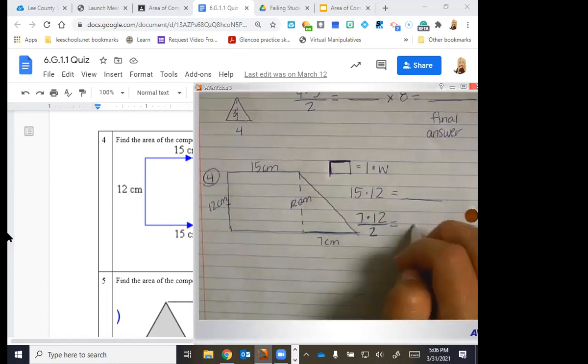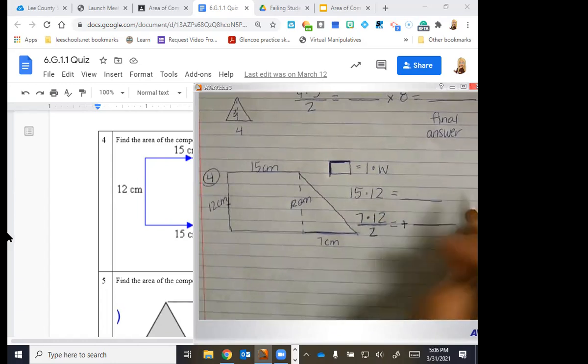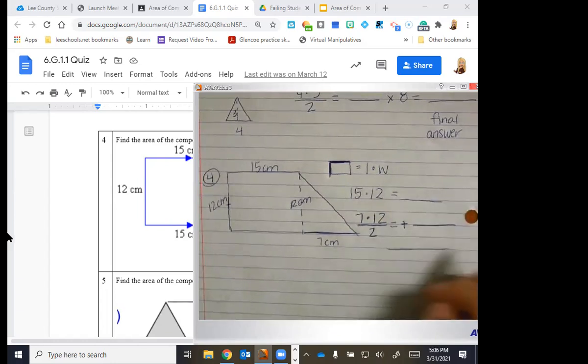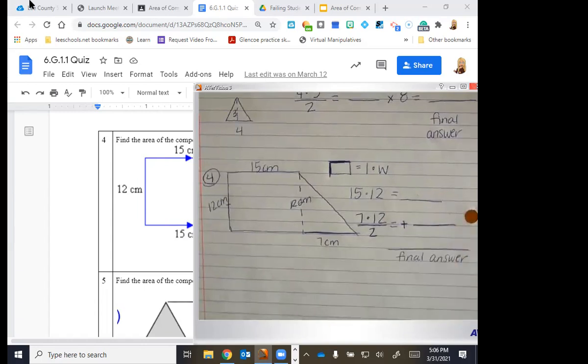Now that you have your area of your rectangle and your area of your triangle, you add them up to get your final answer. Do 15 times 12, do 7 times 12 divided by 2, add those two answers up for your final answer. Remember, pause your video, do the work, type your answer, continue the video.